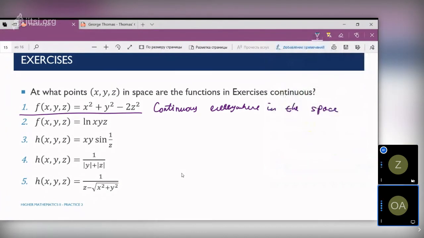How about the second one? I think it's also continuous because the answer is xyz. No, it's not the answer. There is ln, which is the natural logarithm.